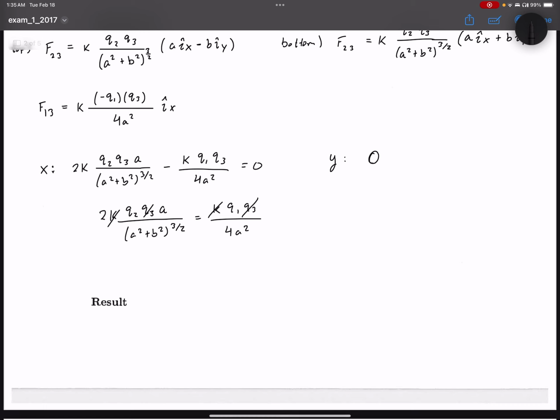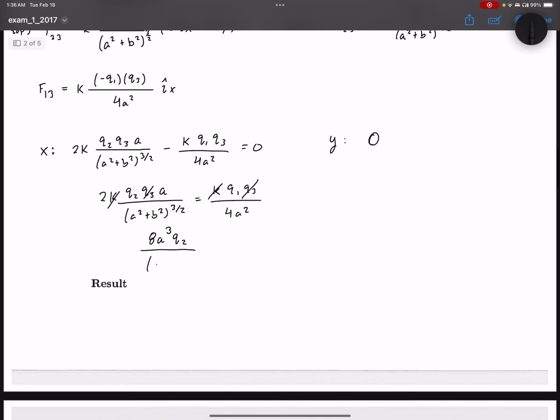And then we can multiply the 4a squared over, so we would get 8a cubed q2. That's just because a squared times a is a cubed. And then that would be over a squared plus b squared to the 3 halves, and that equals q1. All right, so that's our final result here: 8a cubed q2 over a squared plus b squared to the 3 halves power.